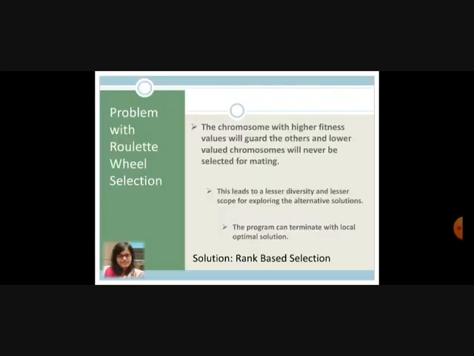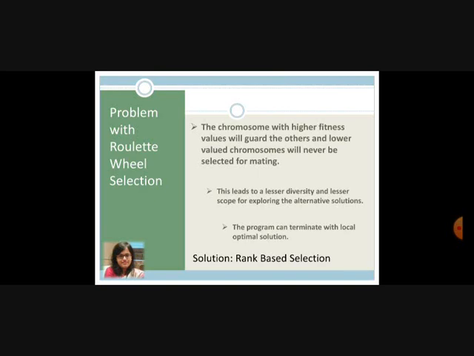Now there are some problems with roulette wheel selection. The chromosomes with higher fitness values will dominate the others, and the lower valued chromosomes will rarely be selected for mating. As the area covered by the higher fitness value chromosome will be much bigger, it is obvious that that particular area can be chosen many more times. So a lower valued chromosome may not have any chance to take part in the reproduction.